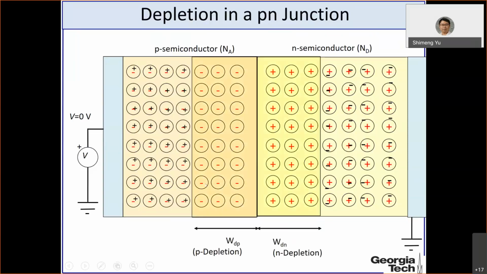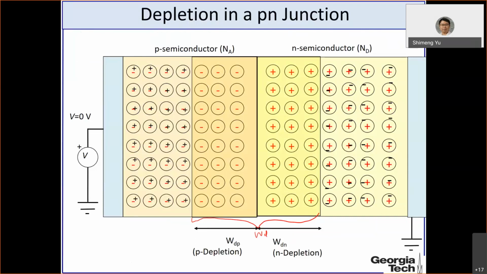We can divide that into two parts. One is the p-type depletion here, and then you have the n-type depletion here. So in total, we have this depletion width WD, and you can divide that into two parts. So this is the bond model.